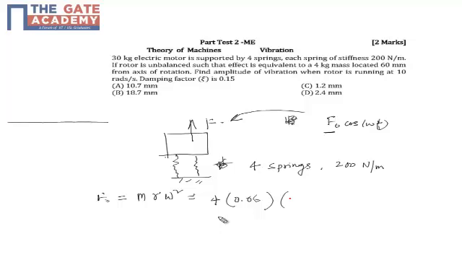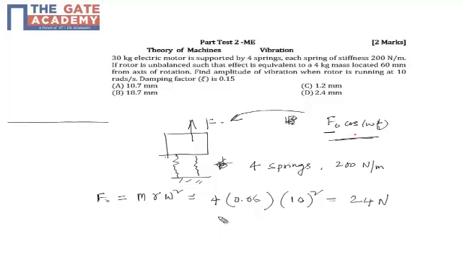The rotor is rotating at 10 radians per second, the speed of the motor, so 10 whole square. This comes out to be 24 newtons. So this is the vibration force that is acting on the motor.